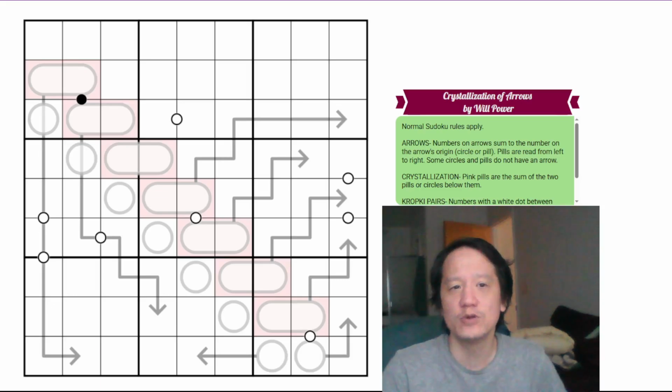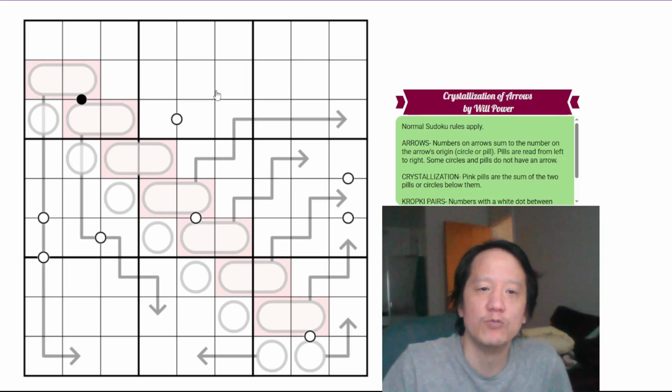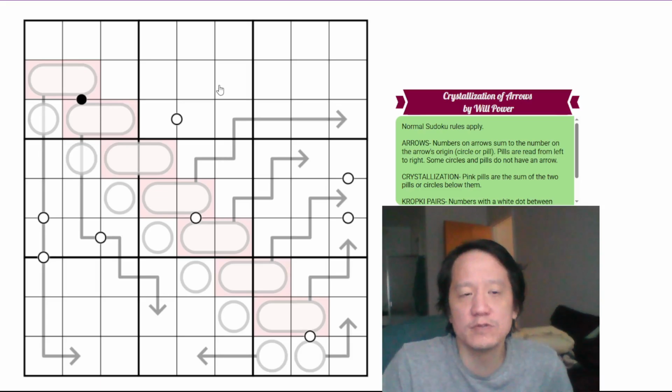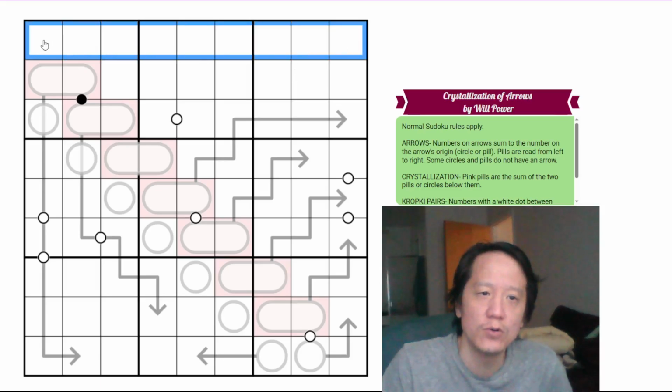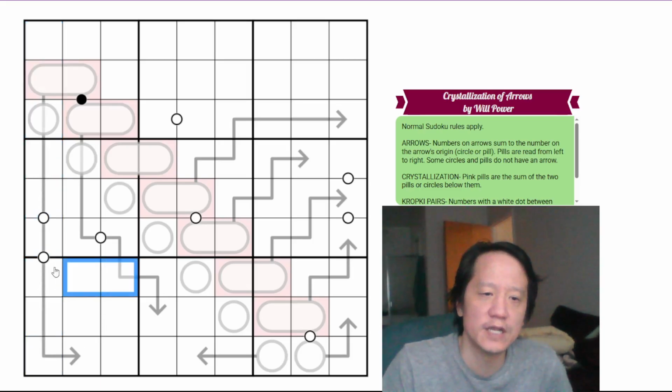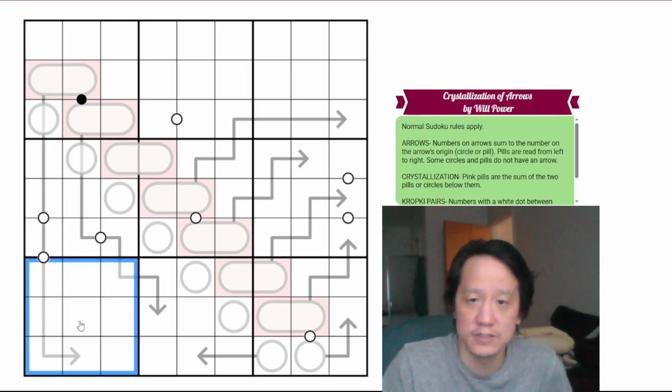Normal Sudoku rules apply, which means in every single cell in the grid, place a single digit from 1 through 9 such that there are no repeats in any row, column, or designated 9-cell region, which is a box. We have arrows, where numbers on arrows sum to the number on the arrow's origin, whether it's a circle or a pill.